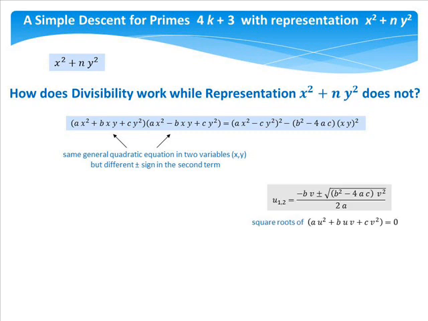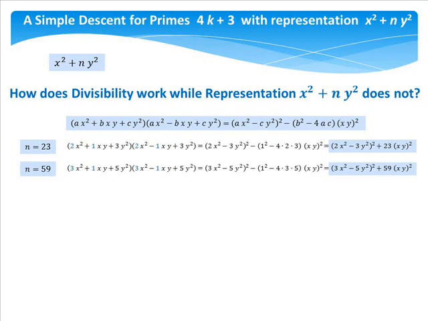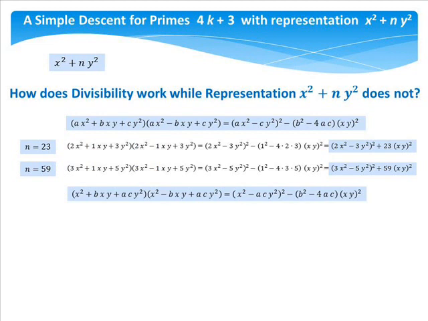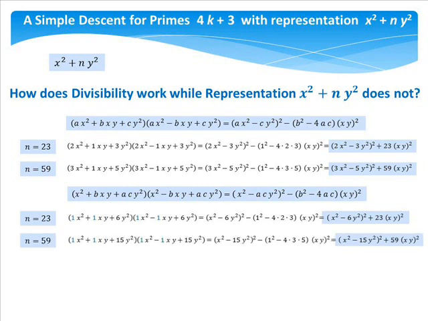Notice that minus n refers to the discriminant, a concept familiar from the days of learning quadratic equations in school. Indeed, we can observe how this applies with those couple of values n, such as 23 and 59, that for the prime number 13,300,711, we ascertain divisibility criteria without attaining a suitable representation as x squared plus n times y squared.